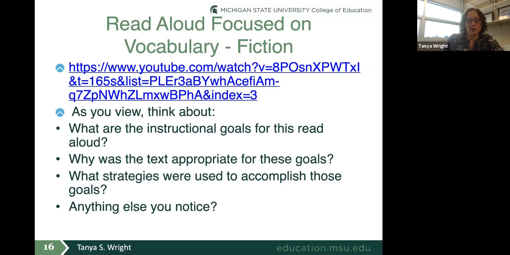So the actual book that she selected, did it make sense? What strategies were used to accomplish these goals? What did the teacher do beyond the text? So we're talking about extratextual talk, right? And what had the teacher planned to accomplish her goals? And anything else you notice or want to ask about. So again, the teacher's goals, was the text appropriate, and what did she do to accomplish the goals for kids' learning?